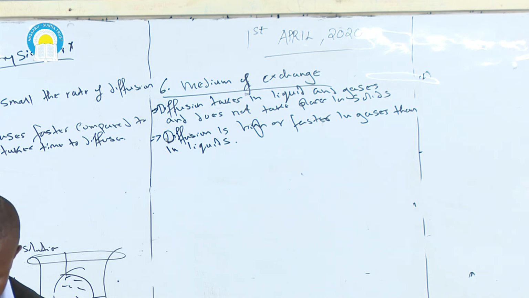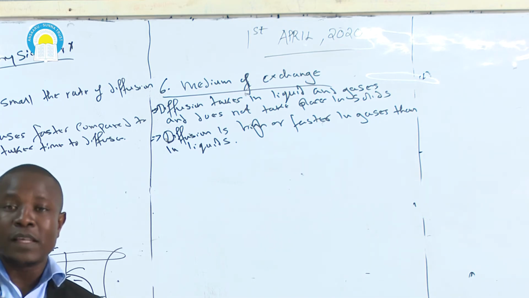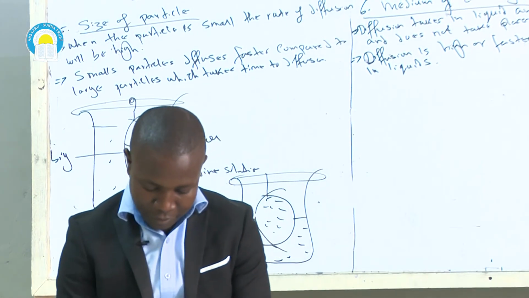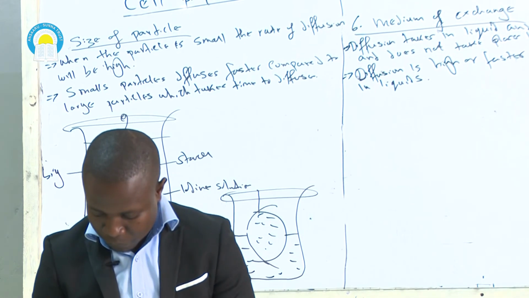So those are the main factors that affect the rate of diffusion. Next time you're being asked, please be able to answer them. Let them be at your fingertips, and the explanations too. And the explanations are always easy, like for temperature, an increase in temperature increases the rate of diffusion.